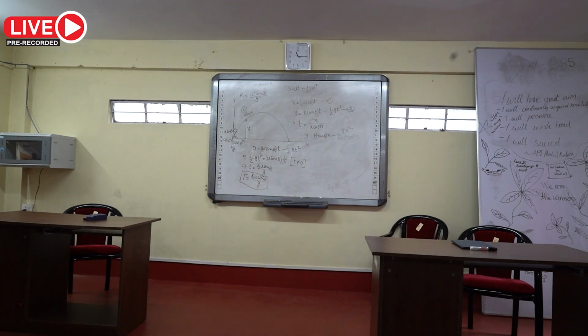So what is the maximum value of sin? Sin 2 theta +1 means 2 theta equal to 90 degree, means theta equal to 45 degree.